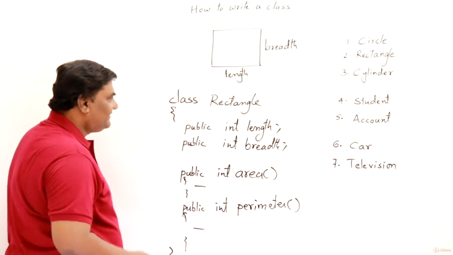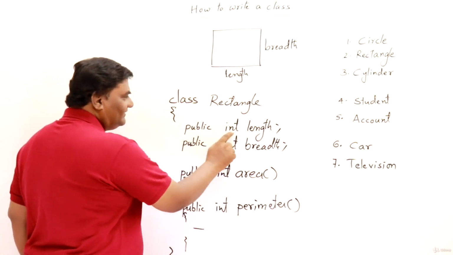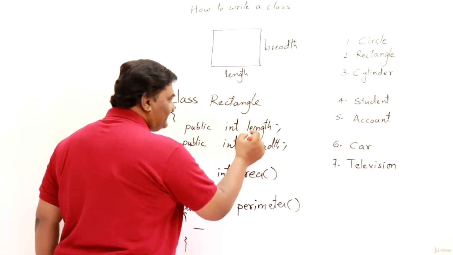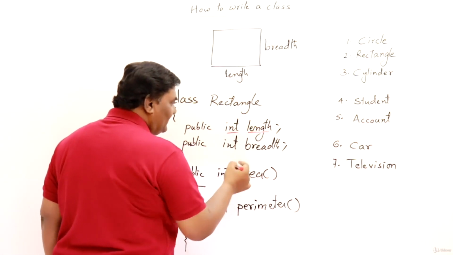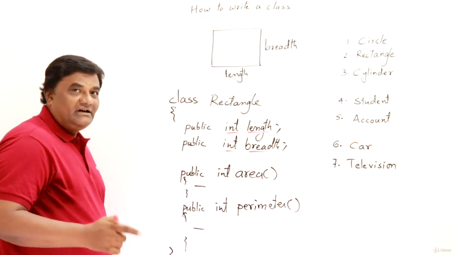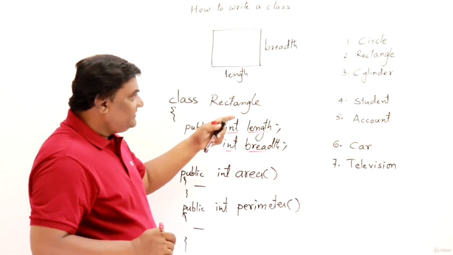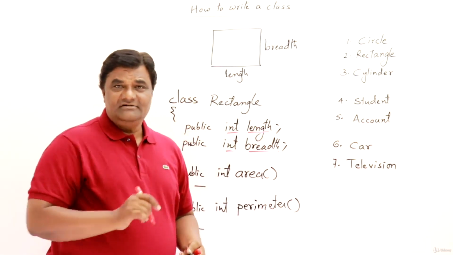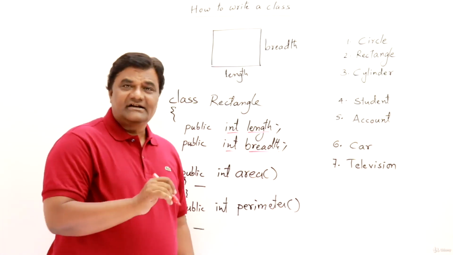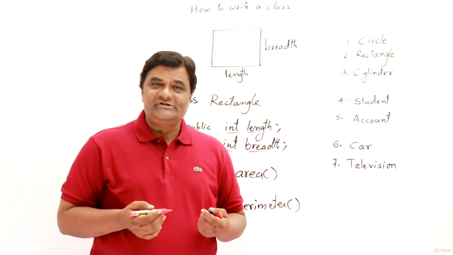So I have a class here. Class rectangle. Length is a property. You can see that it's a variable, an integer type variable. And an integer type variable breadth. Length and breadth are the properties. Now if you observe in the previous one, for the circle, I took double as a data type. Now for this, I am taking int as a data type. Which data type to select?